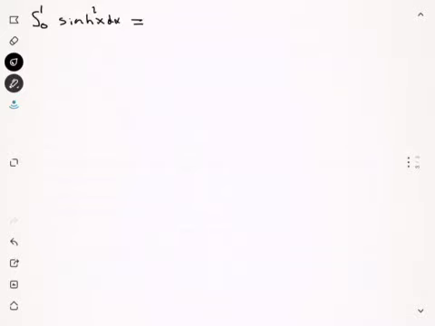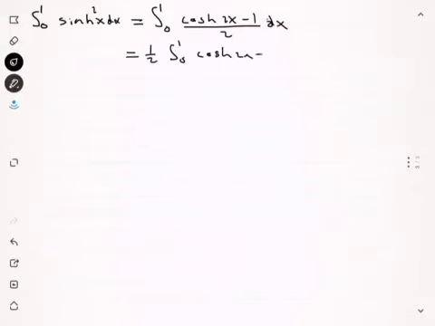Well, we're going to use the following identity for that, which is hyperbolic cosine of 2x minus 1, divided by 2. And we're going to integrate that with respect to x. Bringing that 1/2 out, we just get the integral from 0 to 1 of hyperbolic cosine of 2x minus 1 dx.